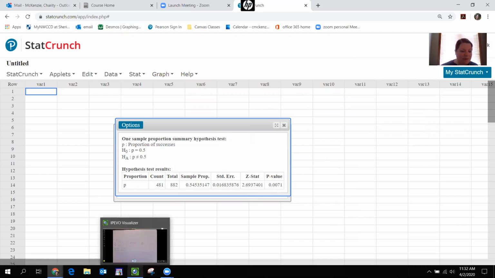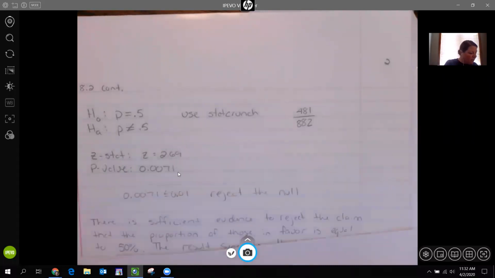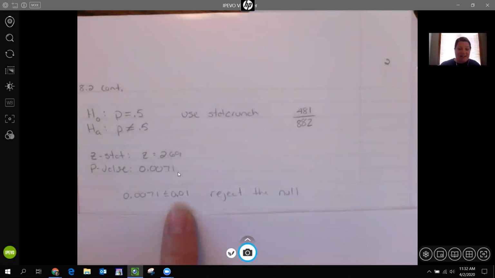Now I can look at that P and go, oh wow, that P is pretty low, 0.0071. And in the problem, we were given a significance level of 0.01. That refers to 99% confidence. So we can see that that number is definitely small. So we're going to reject the null. He is not saying something true. It's not 50%.